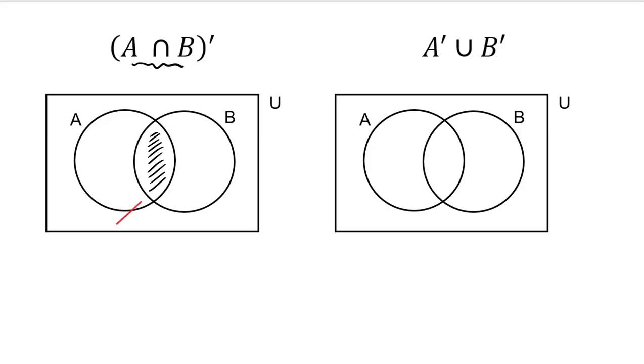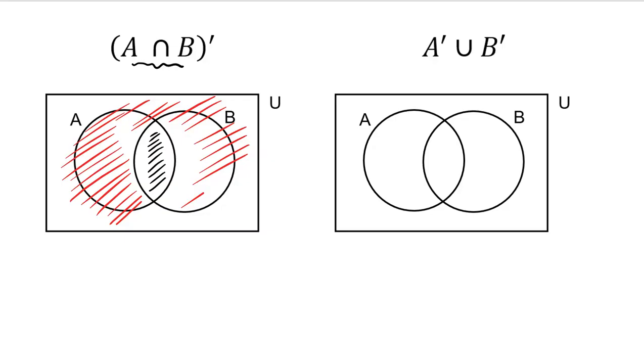That would be everything that falls outside of the intersection. So essentially everything except for the intersection. So the region in red is the representation of A intersect B complement.